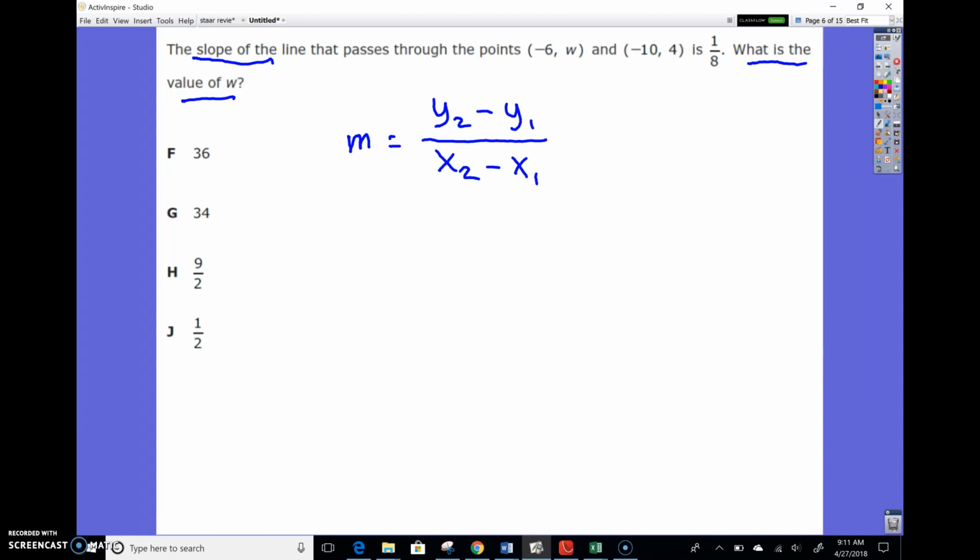So I'm going to put 1/8, that's my slope, equals 4 minus w over negative 10 minus negative 6. All you have to do is solve for w there.